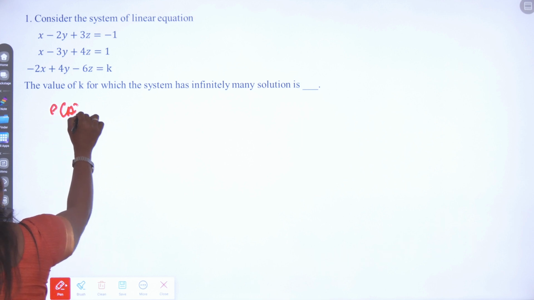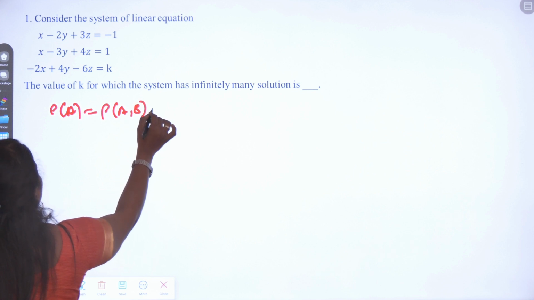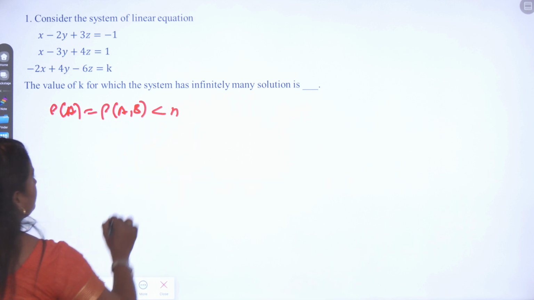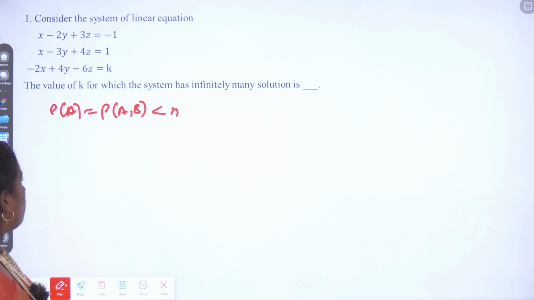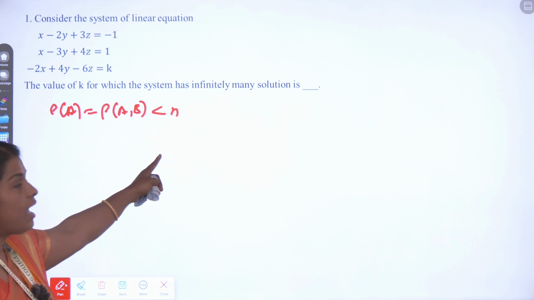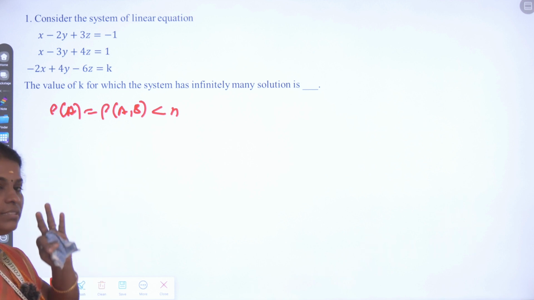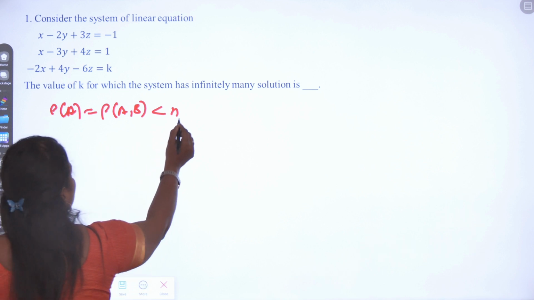rank of A is equal to rank of A comma B, which should be less than n. The condition for the system to have infinitely many solutions is rank of A is equal to rank of AB, which should be less than n. And here n represents the number of variables, and here we have 3 variables, so n is equal to 3.